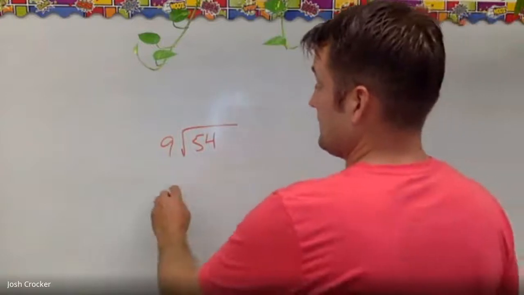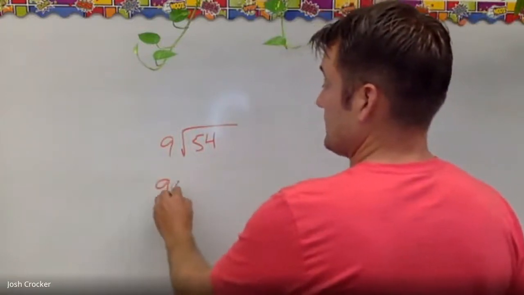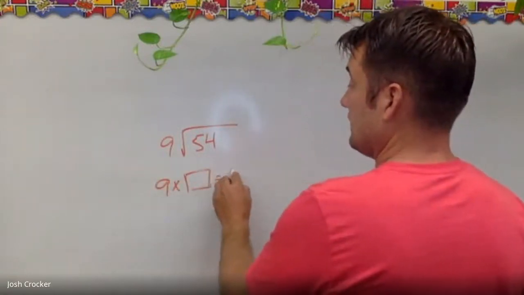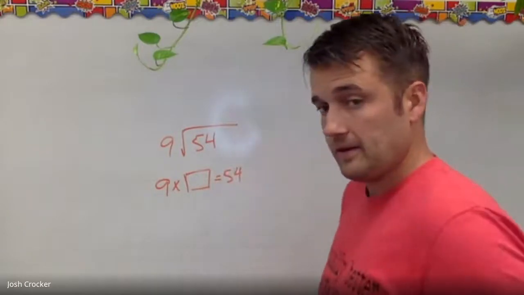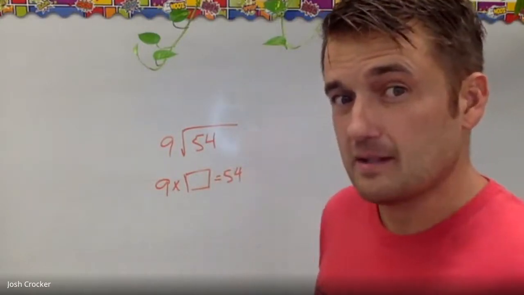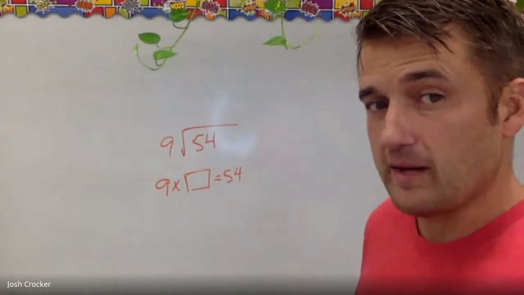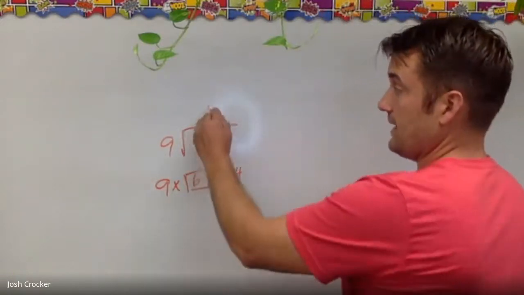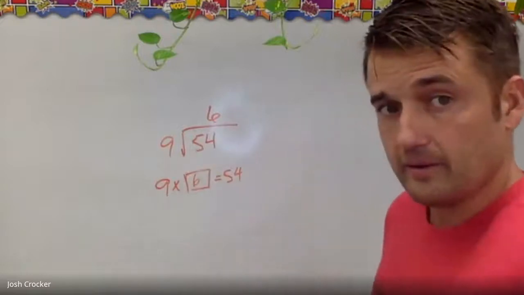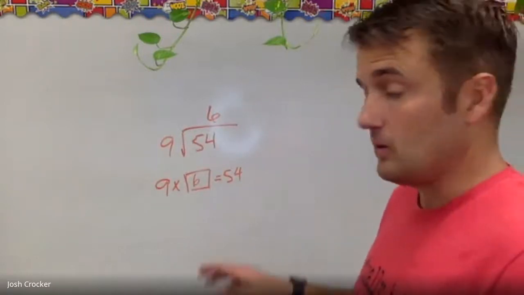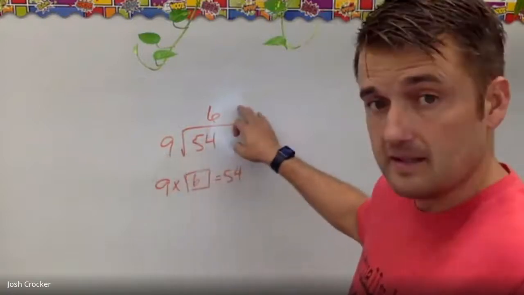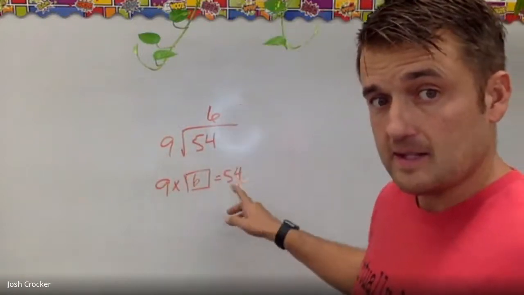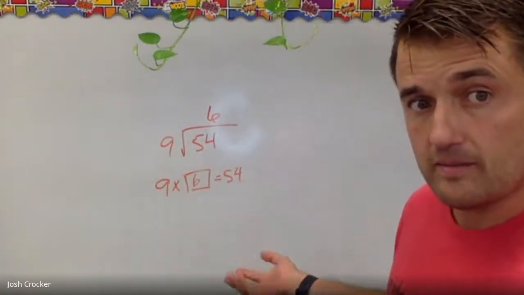So what we're trying to get to here is really just 9 times something equals 54. That's how you solve these, by thinking of the multiplication fact. So that something is 6, and that answer would go there. Okay? So 54 divided by 9 is 6. In the same way that 9 times 6 is 54.